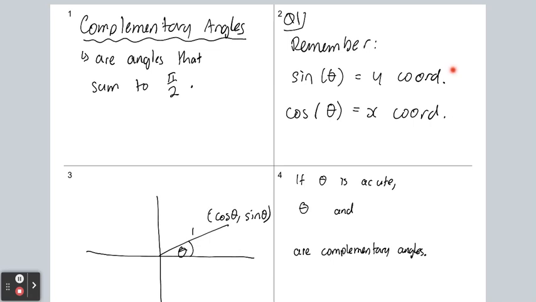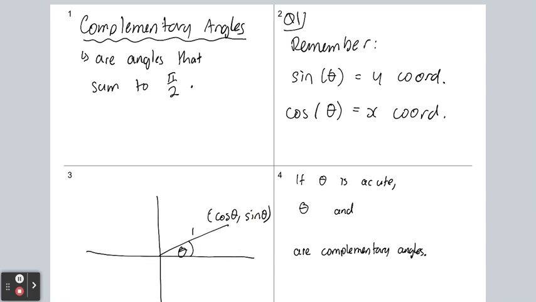So you might remember that I said we need to hold on to our understanding that sine theta is effectively the y-coordinate and cosine of an angle is effectively the x-coordinate, and the angle is always taken from the x-axis, like so. So when the angle is taken from the x-axis, we have cos of theta here, the x-coordinate, and sine of theta here, the y-coordinate.